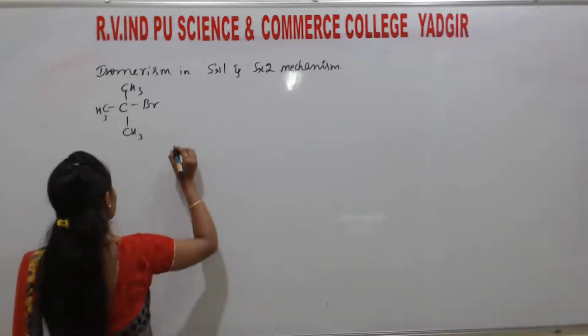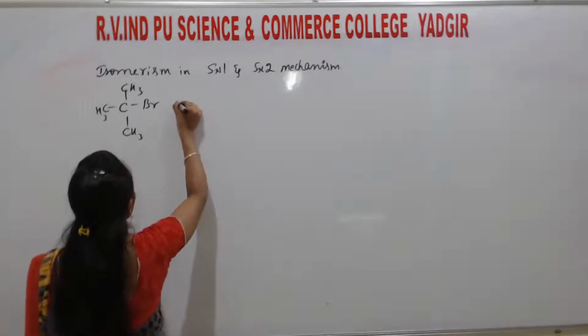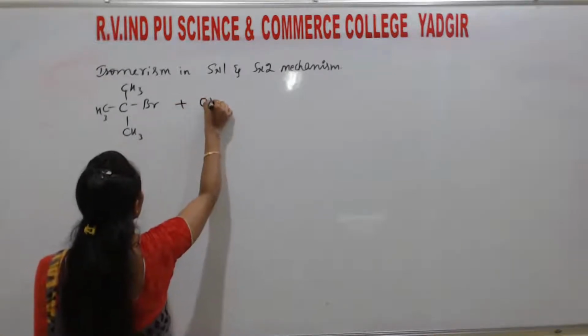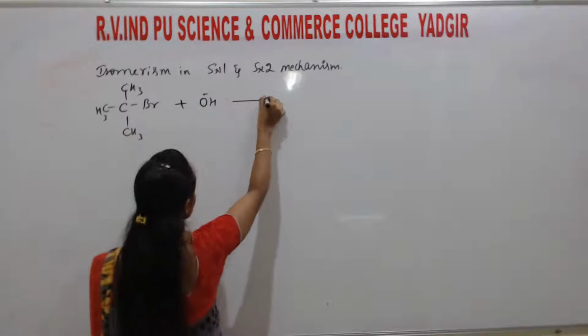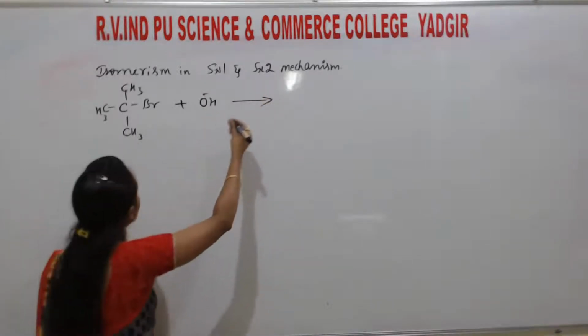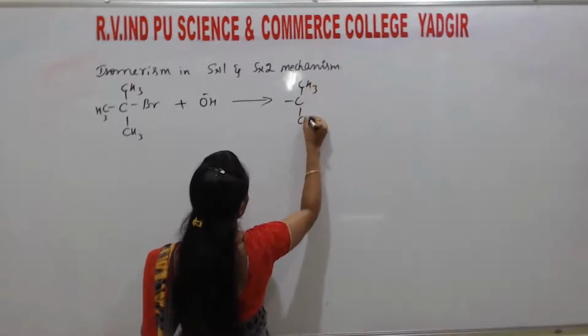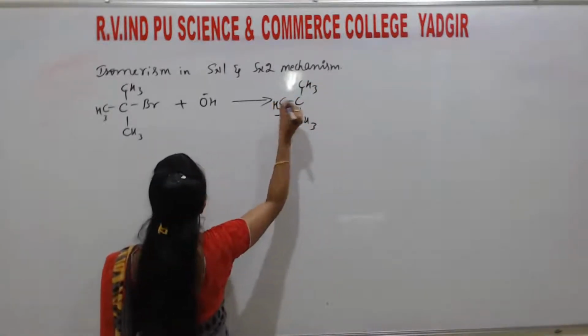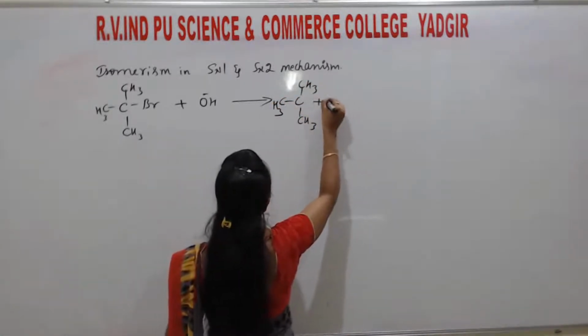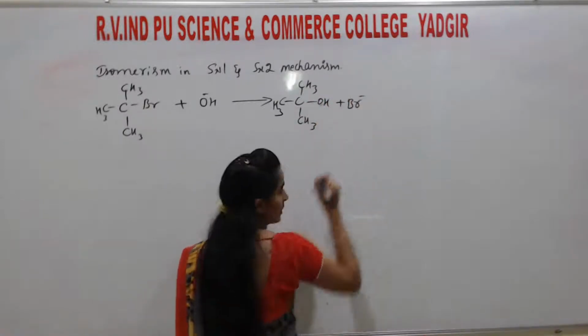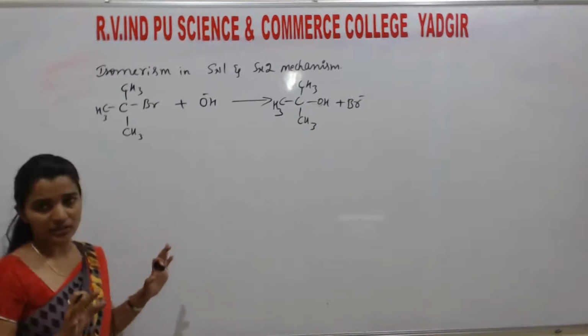If it is treated with OH minus, an alkali or any nucleophile, it forms C(CH3)3OH plus Br minus. This is the reaction.